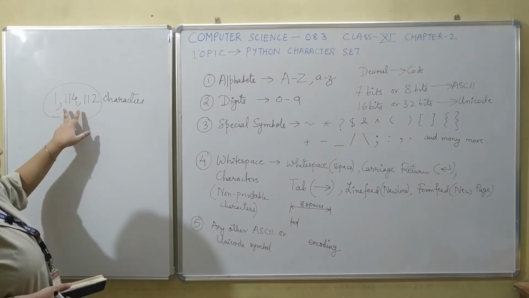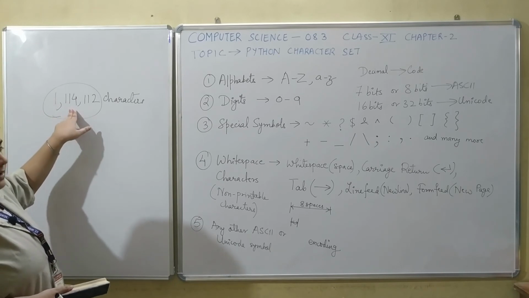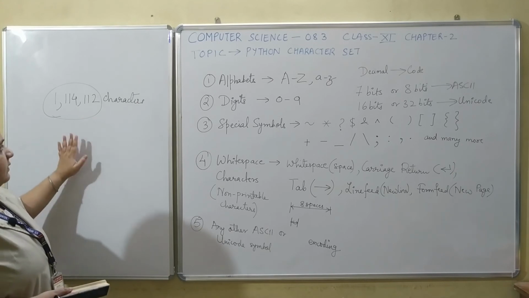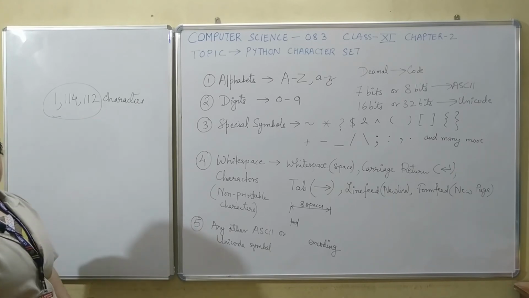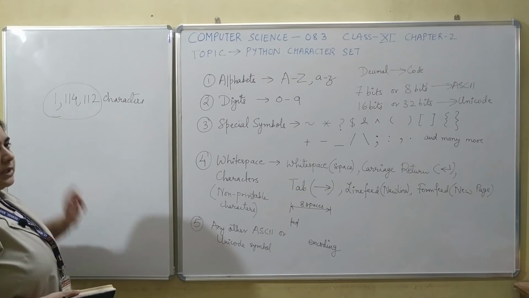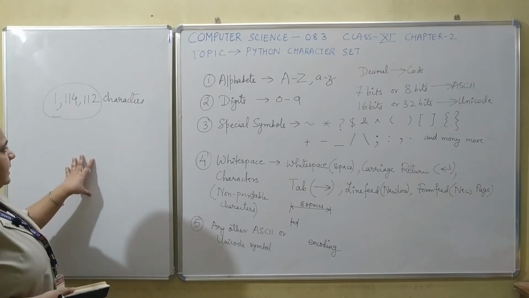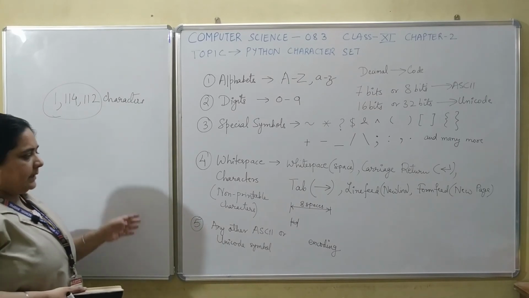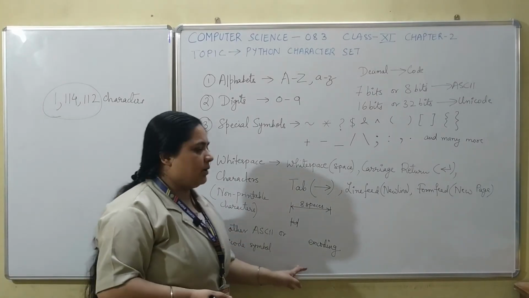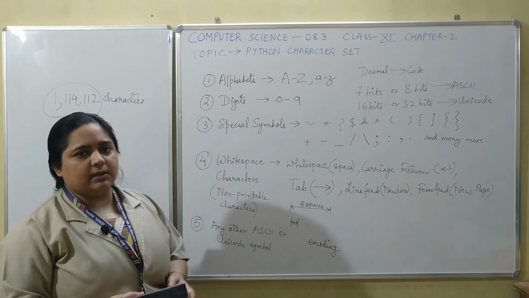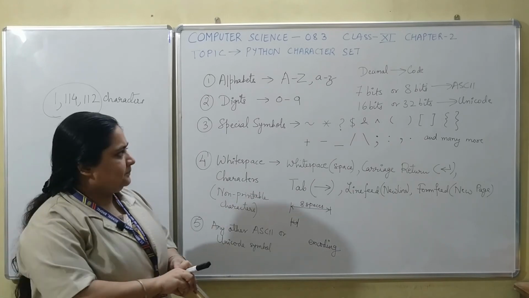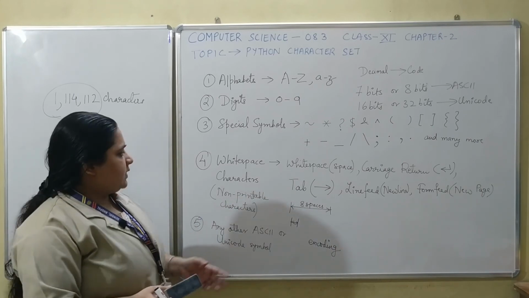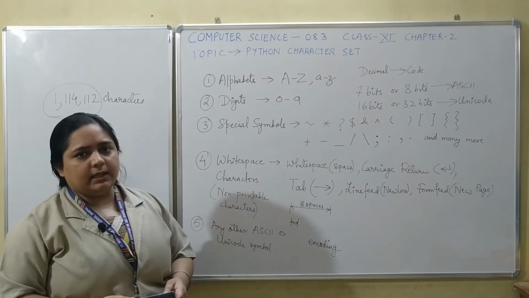So it has some 1,114,112 code points, which are used for representing that many characters. So you can say that Unicode represents all the major world languages. Detailed discussion about ASCII and Unicode we would be having in the chapter data representation. So this is the character set of Python which we would be using for creating programs.